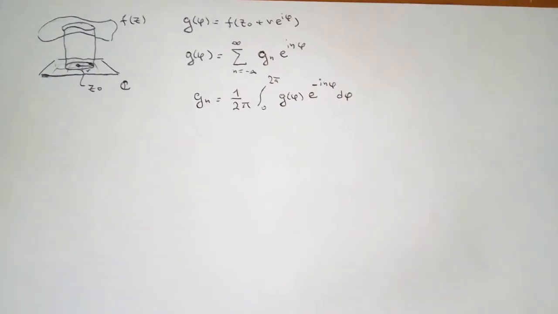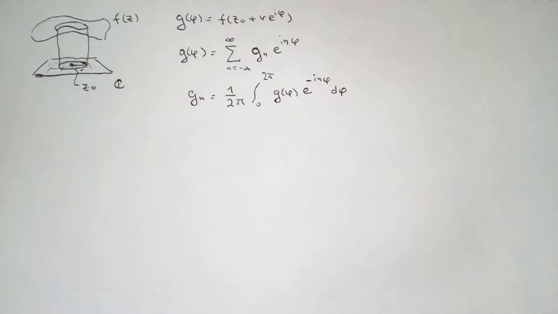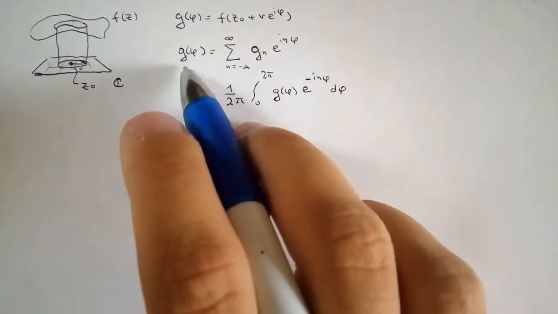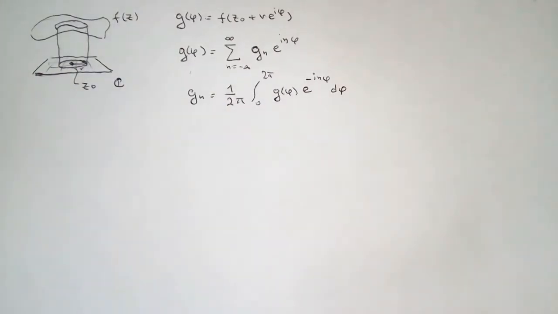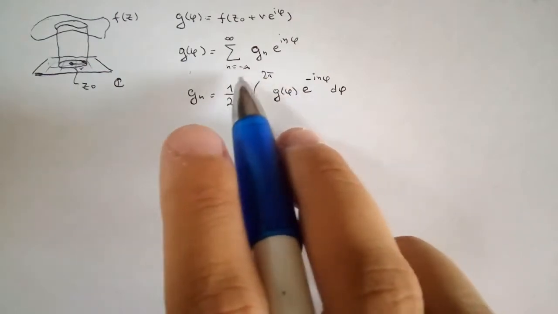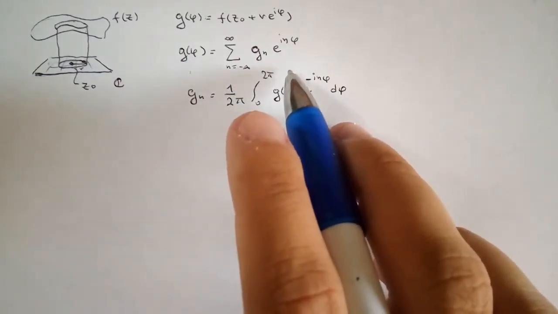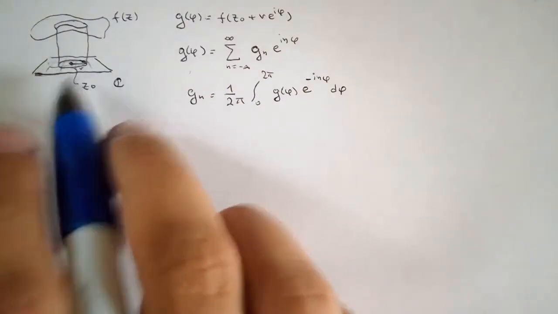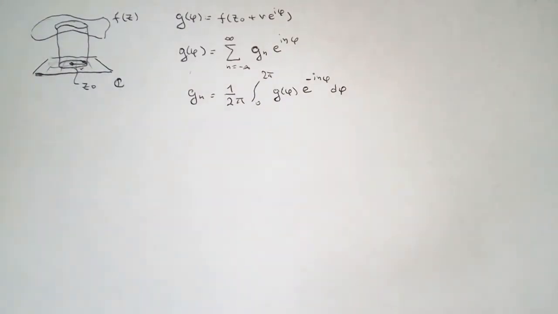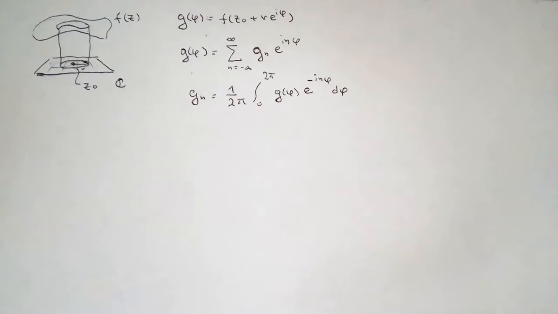Clearly, from the previous videos we are able to derive an expression for g of phi in terms of its Fourier series. Since the period is 2 pi, because this is a circle and this is phi, its period is 2 pi.